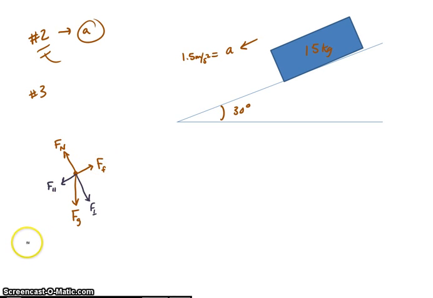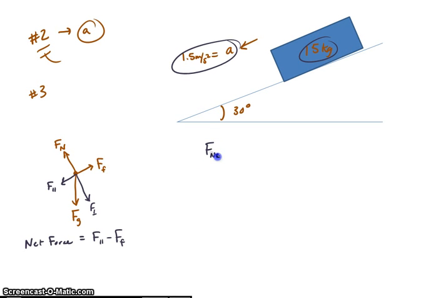So in other words, my net force is equal to the force parallel minus my force of friction. Well, I know my acceleration, I know my mass, so I know my net force. My force net is just the mass times an acceleration.